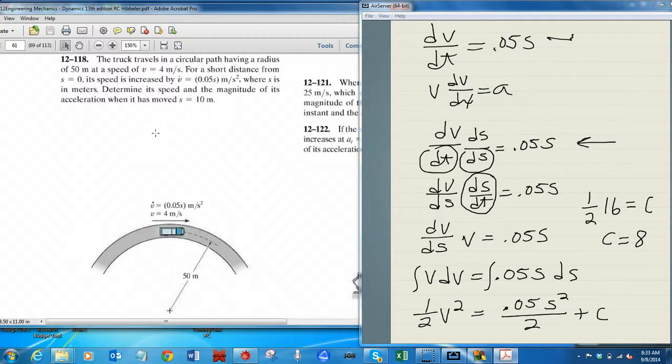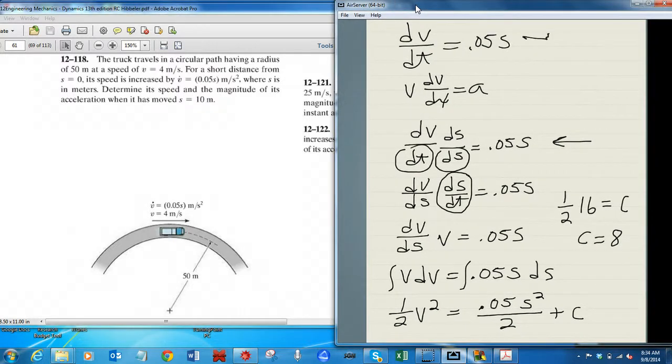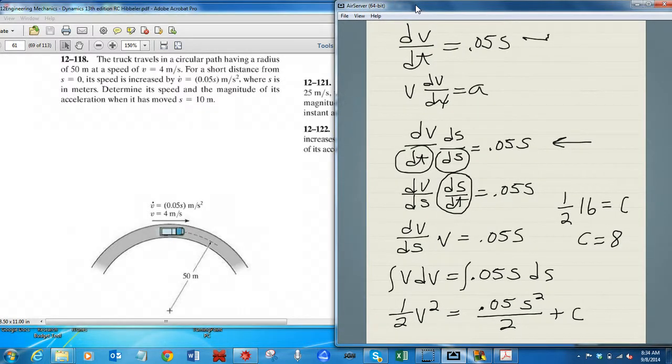That'd be 100 over 2 is 50. 50 times 0.05 would be 2.5, right?